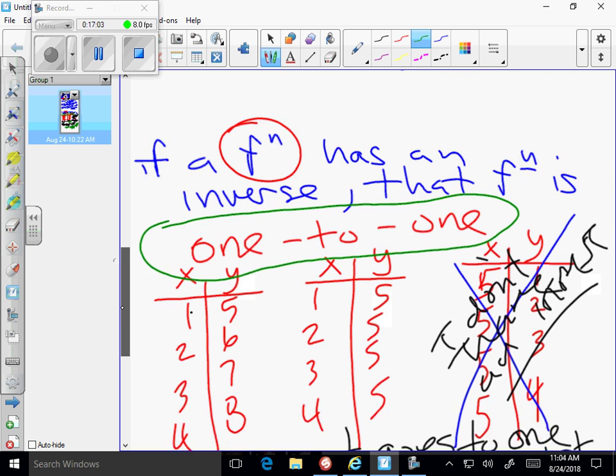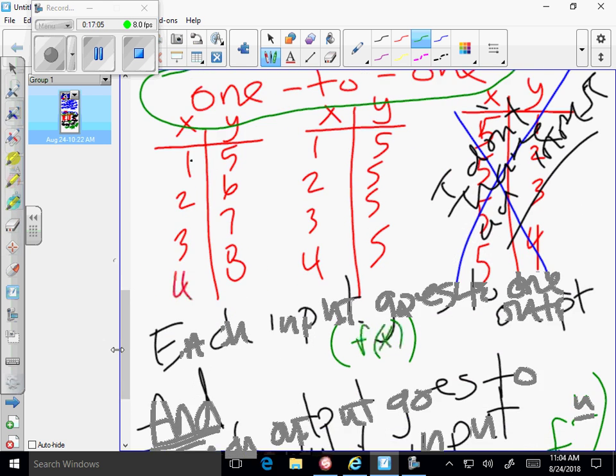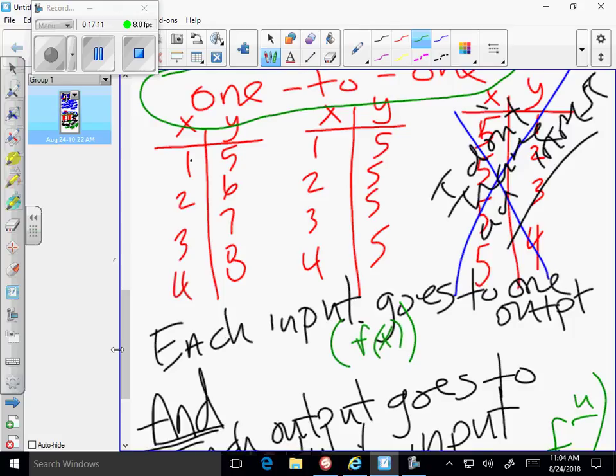So let's go back to our table. This one wasn't a function, so we threw it away. Is this one one-to-one? Each of these inputs goes to a different output, and each of these outputs goes to a different input. What about this function? This is a function, everyone said, but does each output go to only one input? So this is not one-to-one.